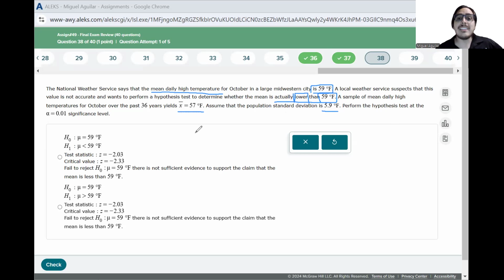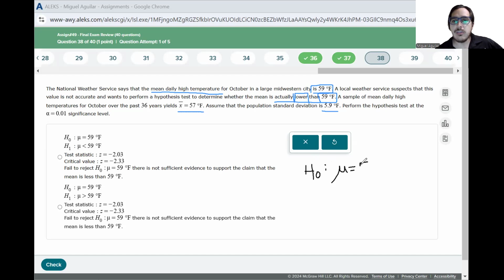First of all, let's set up our null and our alternative hypothesis because there's a lot going on here. I'm going to switch colors over to black, and we're going to think about our null hypothesis as the hypothesis of no change. We say that H null is that the mean mu is equal to 59.